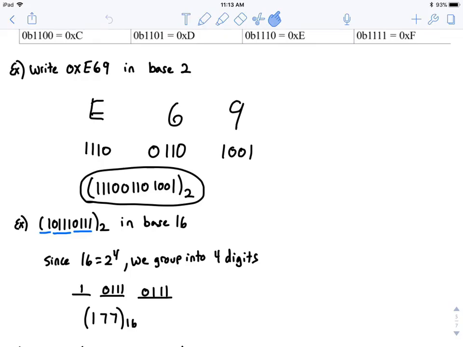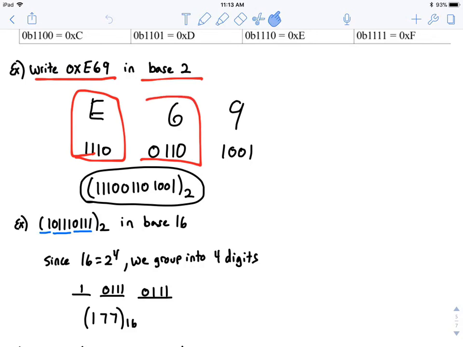I also provided you with a chart. So you might recall here that chart for base 16 I will provide you on your test so that you have it to use. So recall as we did our examples, we went from a base 16 number to base 2. The way we did that is by taking each of our digits in base 16, writing down from the chart the 4-digit equivalent for binary, and then we throw it all together to get our base 2 number.